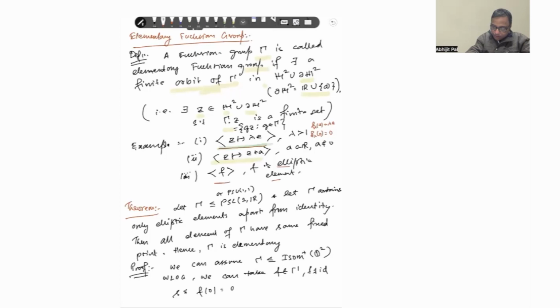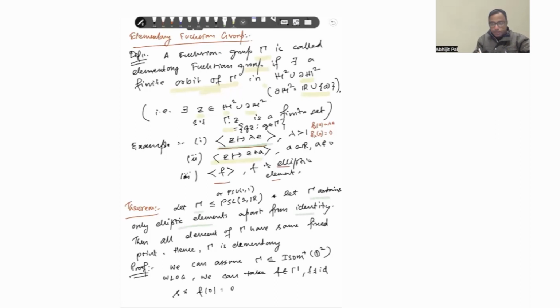Now let us come to this theorem. Let us take a subgroup gamma of PSL2R, and assume that it contains only elliptic elements apart from the identity. So all the elements of gamma apart from the identity are elliptic elements.